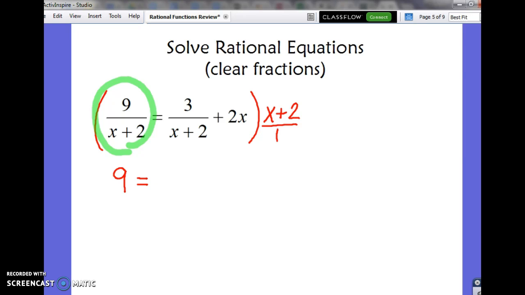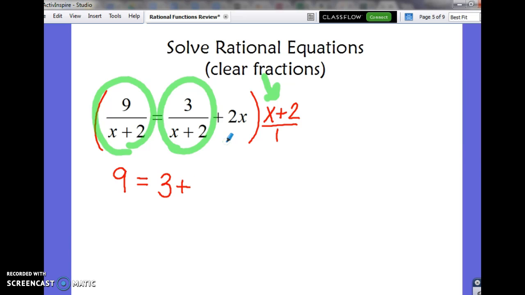When you multiply the second fraction by the expression that you have outside, the x plus 2 in the bottom and the x plus 2 in the top cancel out, so you have just the 3 over 1, or 3. Then you're going to add that 2.